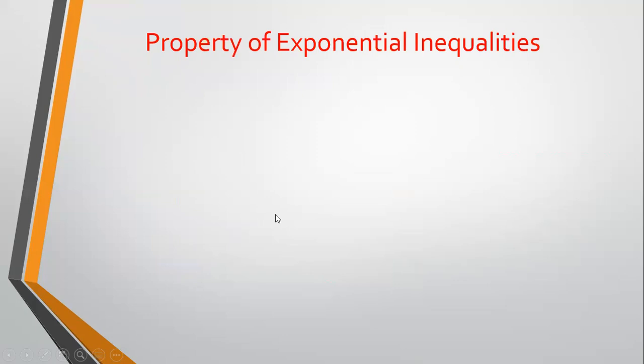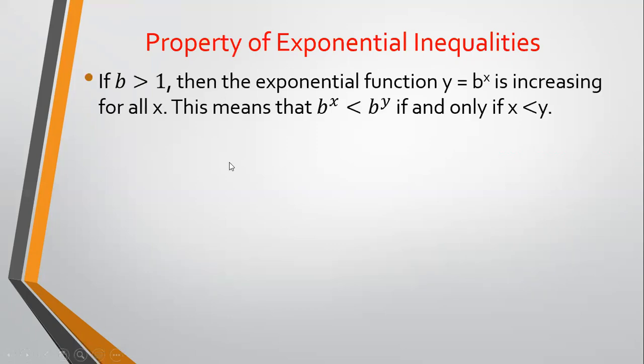And how do we solve exponential inequalities? We need to know first the different properties used in solving exponential inequalities. The first property is that if b is greater than 1, of course, this is the basic definition of exponential function, that your b must not be equal to 1, it must be greater than 1, then the exponential function y equals b raised to x is increasing for all x.